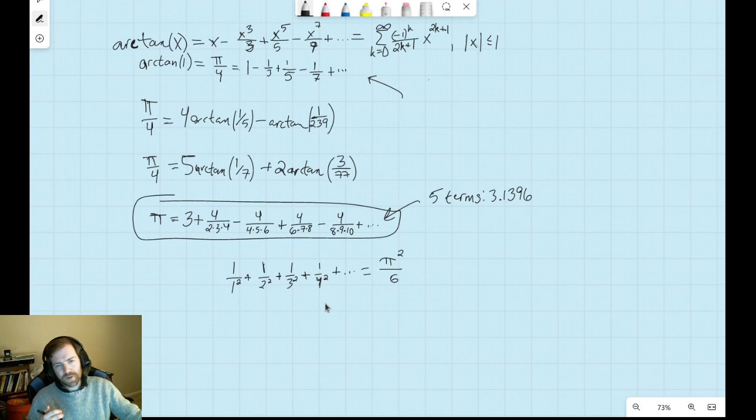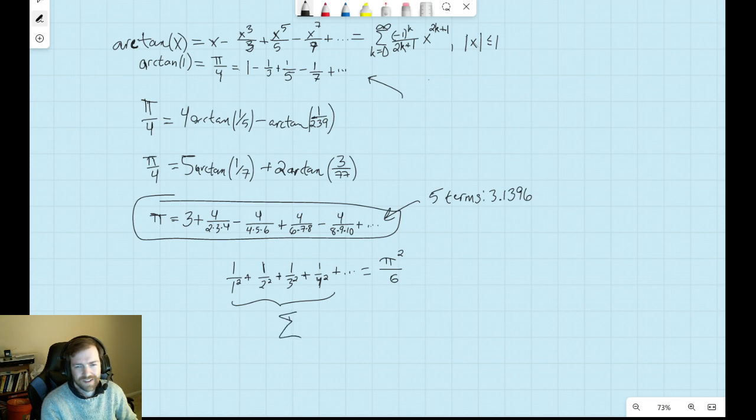Ramanujan also came up with a few, which I don't think I should even bother writing because it's absolute nonsense. This one? That's not too bad. This is the sum, okay, goes from, let's just go 1 to infinity, of 1 over k squared.